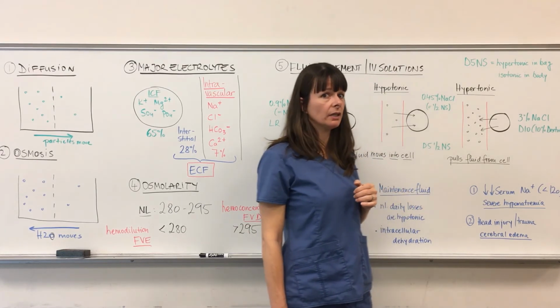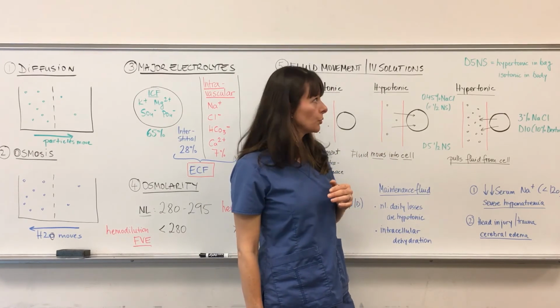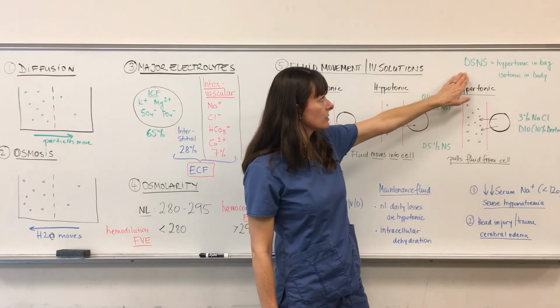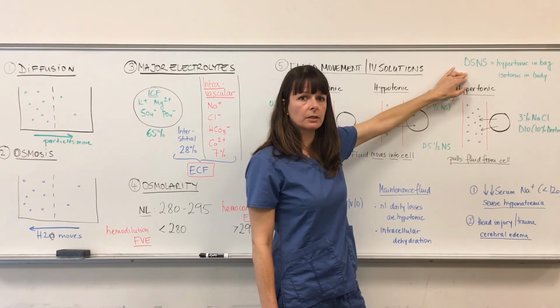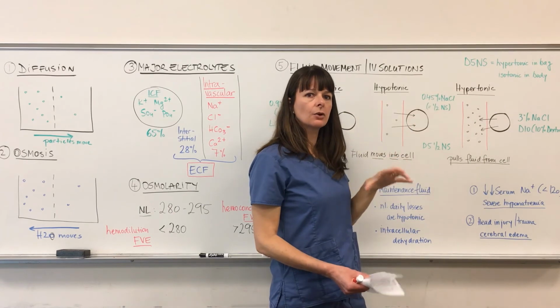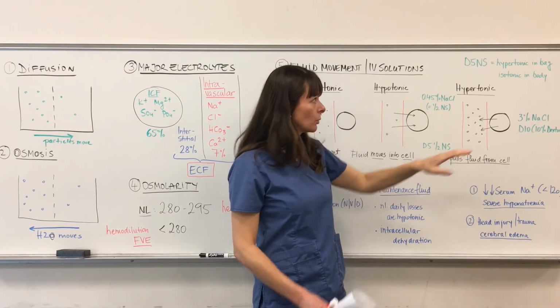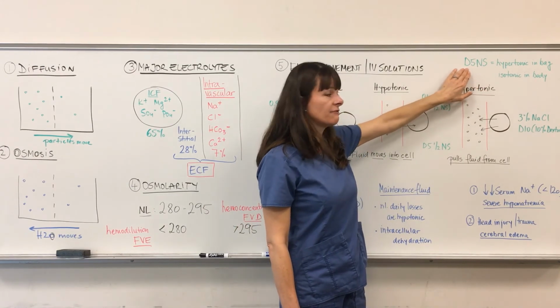Now, one more caveat. There are several other types of IV solutions, but here are the most common ones. So there's also an IV solution called D5NS. So dextrose 5% normal saline, which is again 0.9% sodium chloride. This solution, as it sits in your IV bag, is hypertonic because we have the normal saline, and on top of that we have the D5 sitting in there.